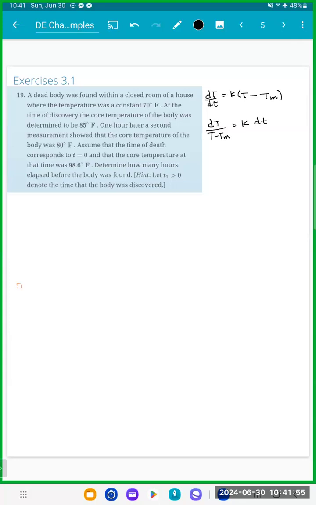We did this on the other one, taking the integral of each of those. I did this on another slide, but that gives us ln of T minus Tm equals kt plus C. And so T is equal to Tm plus C1 e to the kt. All of that from Newton's law of cooling.